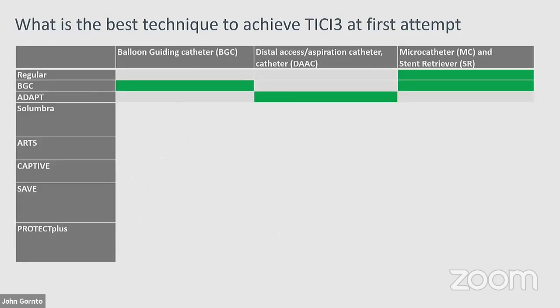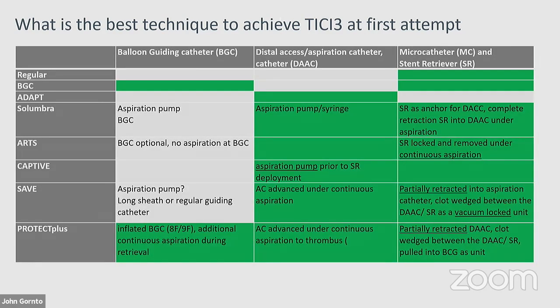But it's not only aspiration. We were just discussing this one here, which was a bit mixed with the other techniques, and I'll make this very quick. We have the first author of the CAPTIVE paper sitting here, so he can explain much better where I have no understanding.